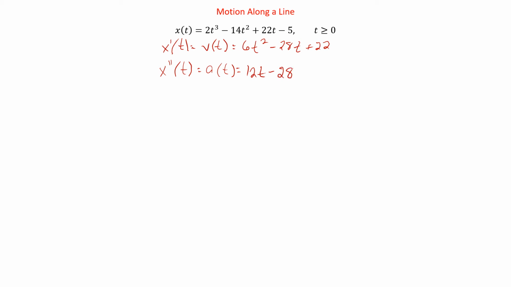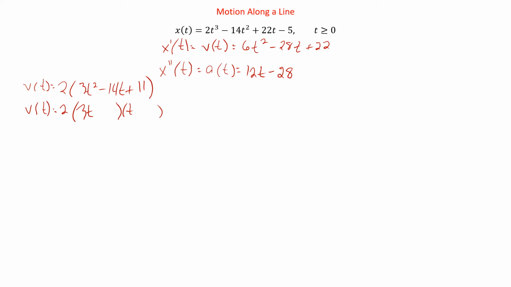So first, let's start with v of t. 6t squared minus 28t plus 22. We can factor 2 out. That'll help us a little bit. That'll be 3t squared minus 14t plus 11. And now to factor this, we'll have a 3t and a t. 11's prime, so it has to be 11 and 1.